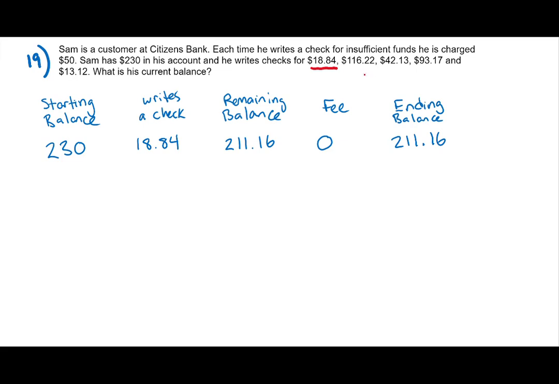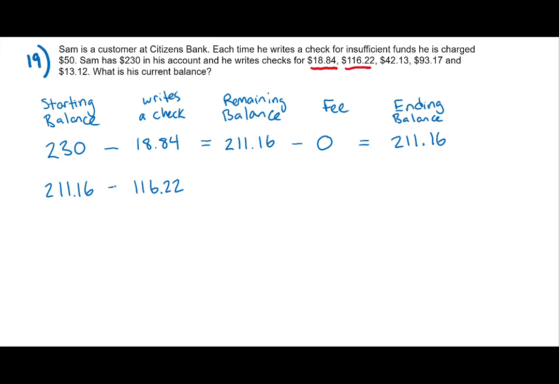Okay, so that's just for the first check. So now let's look at the second check. The second check is for $116.22. So for writing that second check, we're starting with the $211.16. Right? He writes a check for $116.22. So when that money comes out of the account, again, this is subtraction. So we're basically doing starting balance minus the check equals the remaining balance, and then you're going to subtract the fee if there is one, and that's going to be the ending balance after that check.